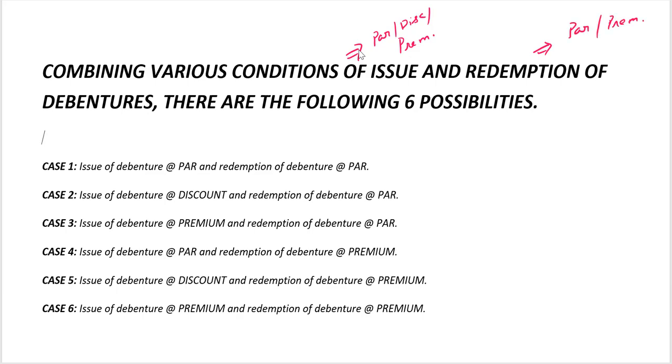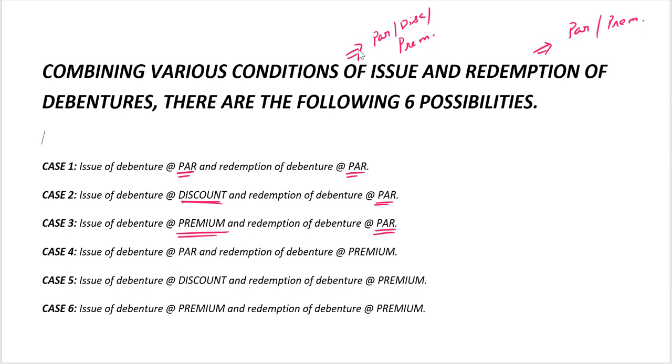The first possibility, issue of debenture at par and redemption also at par. The second possibility is issue of debenture at discount and the redemption of debenture at par. The third possibility, issue of debenture at premium and the redemption of debenture at par.